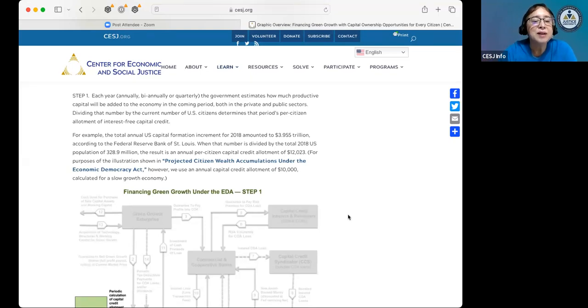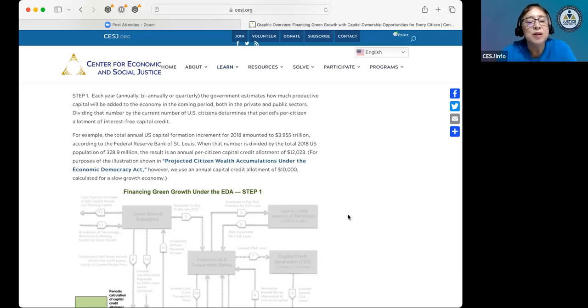So dividing that number of projected total capital formation financing needed by the number of US citizens and all eligible participants, that would give us a number which is for each citizen, how much capital credit, interest-free capital credit, are they entitled to receive if they can match it up with the sale of shares that are qualified.